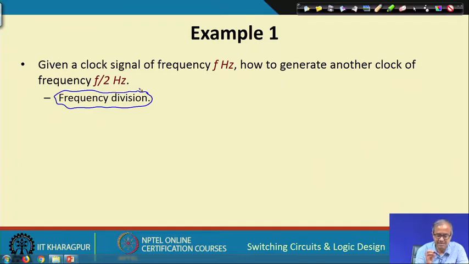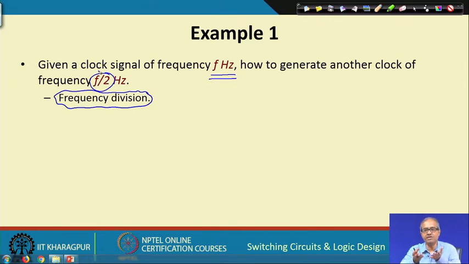We are saying that suppose I already have a clock signal of f hertz. What is hertz? F number of oscillations per second, that is the definition of hertz. So, we want to divide this frequency by 2, we want to generate another clock signal whose frequency will be f by 2. So, how do you do it?